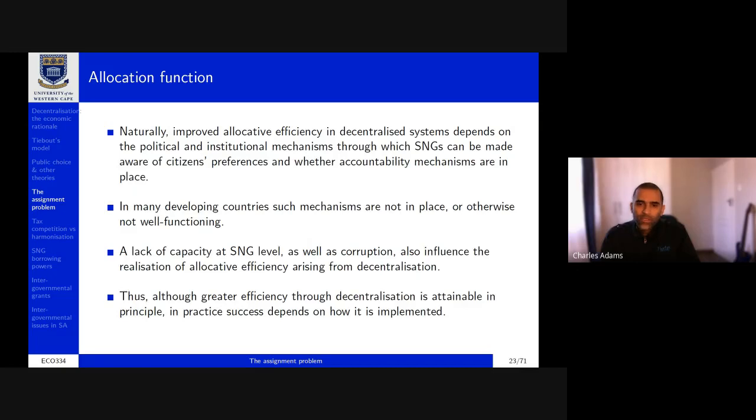In many developing countries, these mechanisms are not in place, right? Or where they are in place, they may not necessarily be well functioning. A lack of capacity at subnational government, as well as corruption, may influence the realization of allocative efficiency that could arise from decentralization.